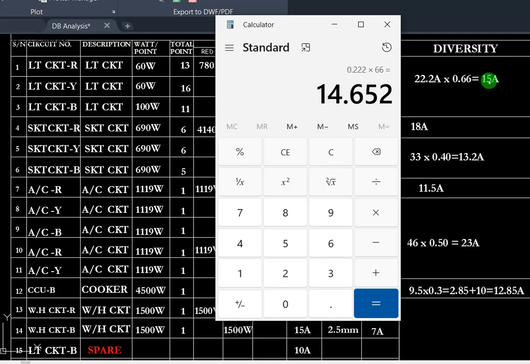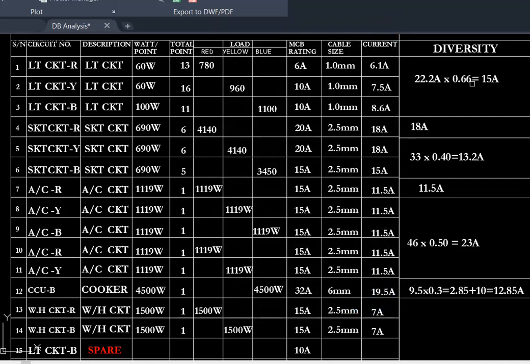I did the approximation before I got this. So this is 15 amps. We are using 15 amps out of this. All right, so that is the application of this. I hope it's quite clear. All right, let's go to the next one. Remember that this one is talking about the entire current here.